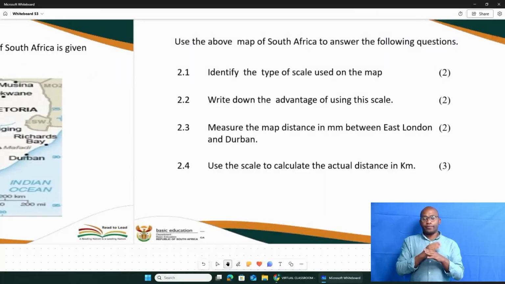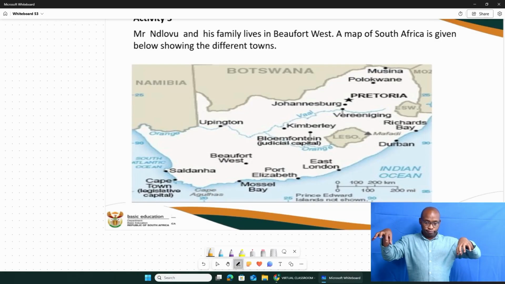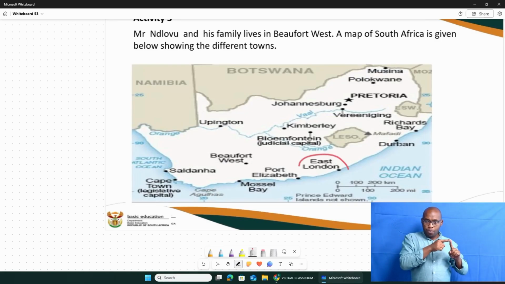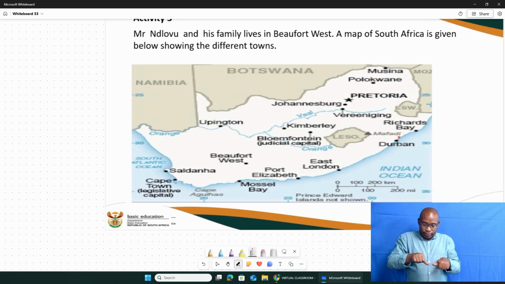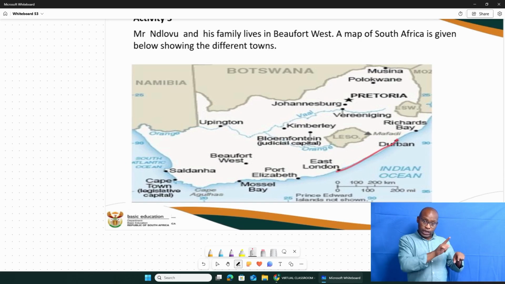Number 3, they say measure the map distance in millimeters between East London and Durban. Now I have to take my ruler to measure the distance between East London and Durban. Here is East London and Durban.